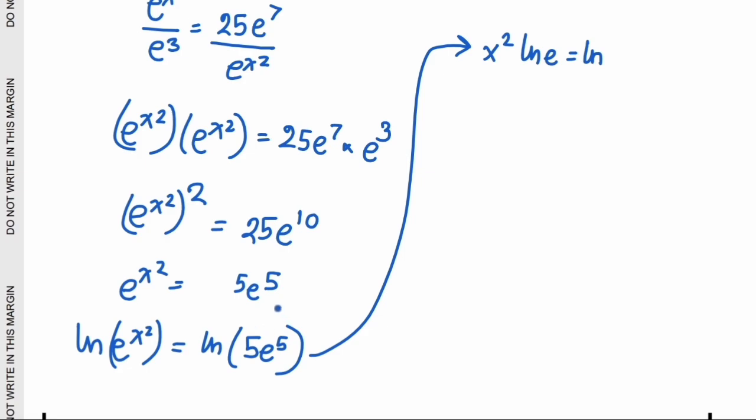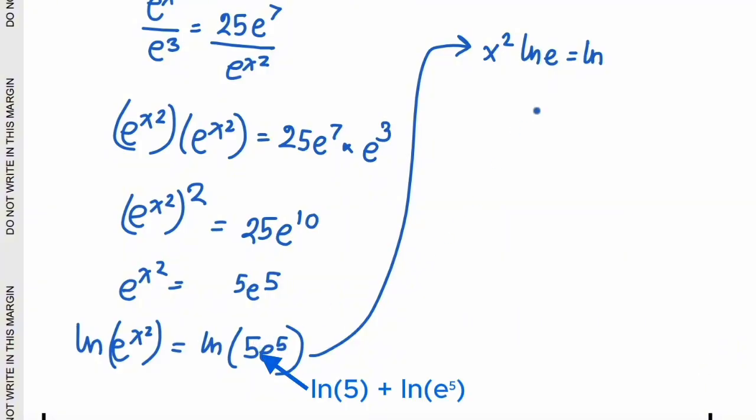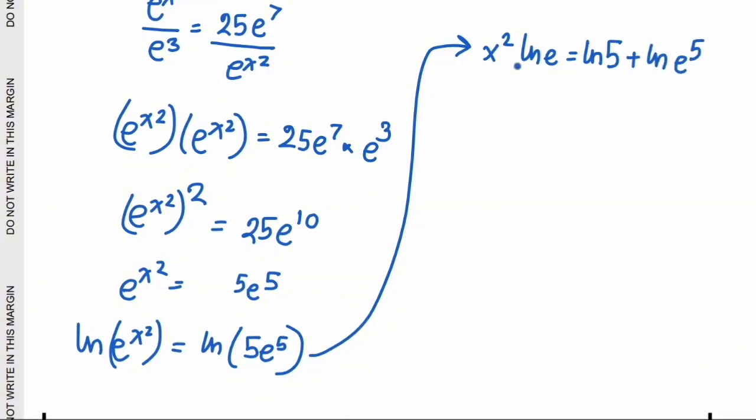So by using another formula that I'm showing on the screen, we are going to distribute this logarithm and write it as the addition of two logarithms. Now ln e is just 1, so we don't have to write it. Now again, 5 is a power of e, so we can just bring the 5 from the exponent region and over on the normal region.